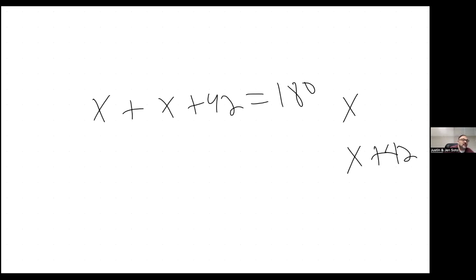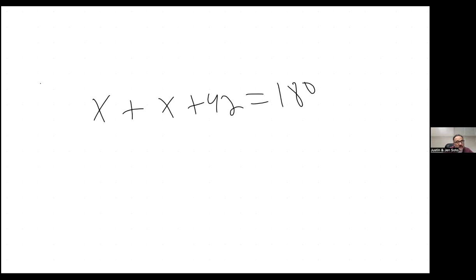So here's the angle, here's the supplement, and they have to equal 180. You all see that? This is the mathematical rendition of problem 19's word problem. If it's supplemental, it's going to be equal to 180 degrees. The supplement is the angle plus 42, so the angle, its supplement plus 42 is 180.